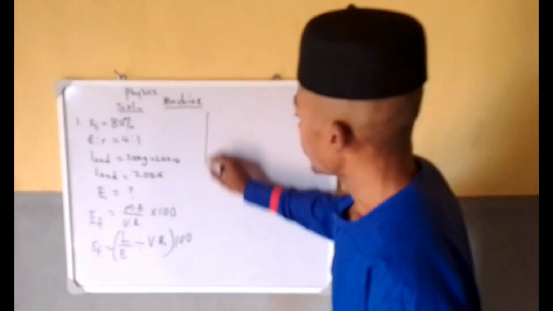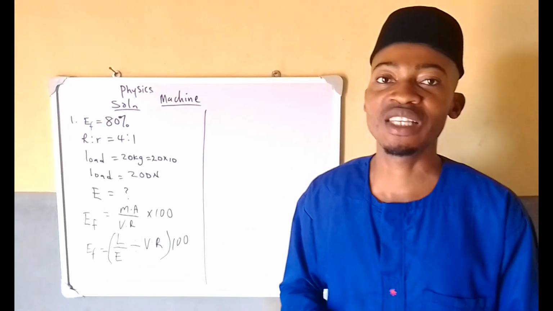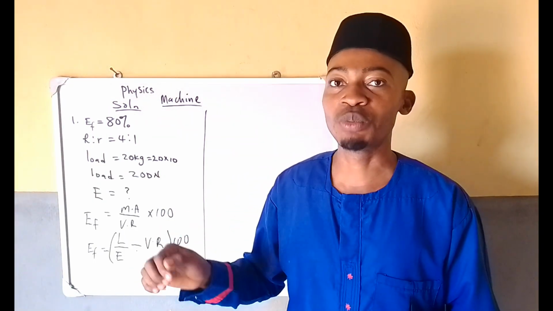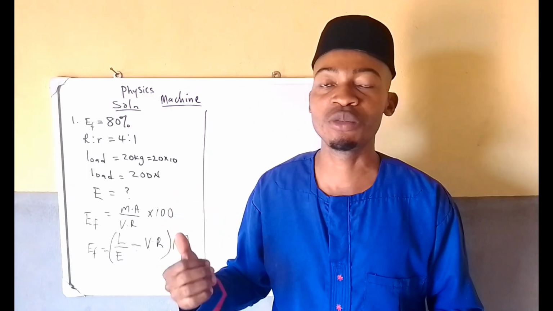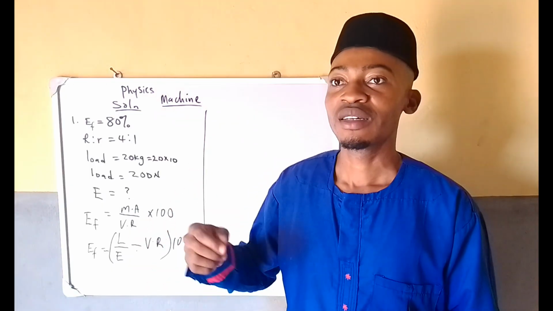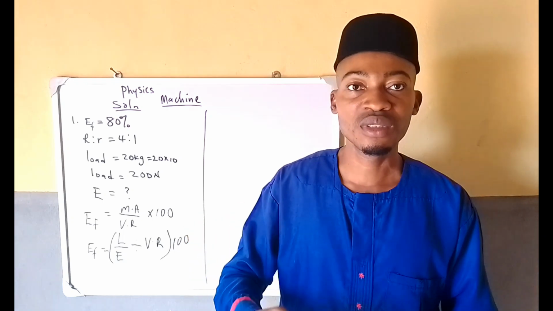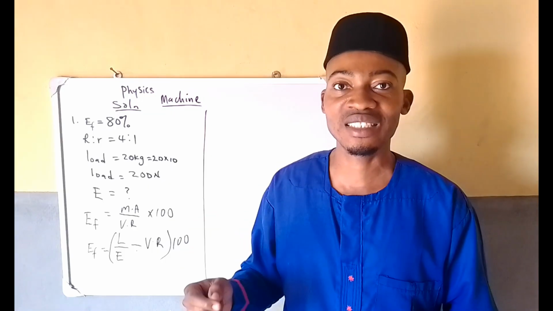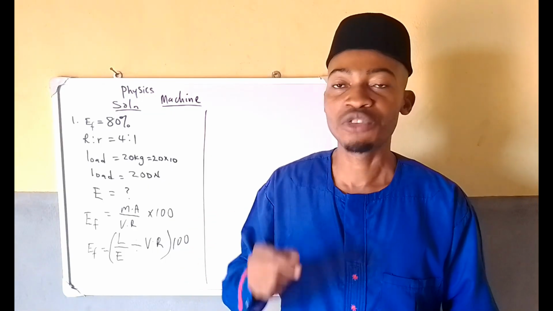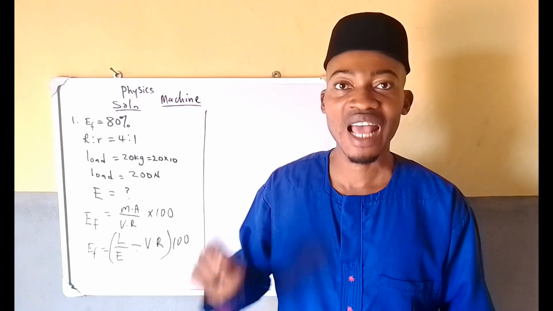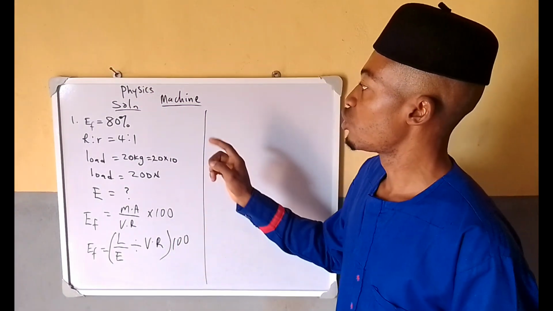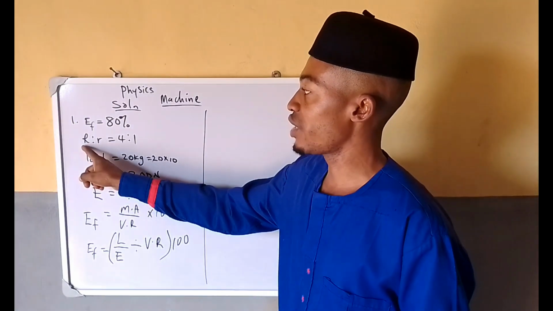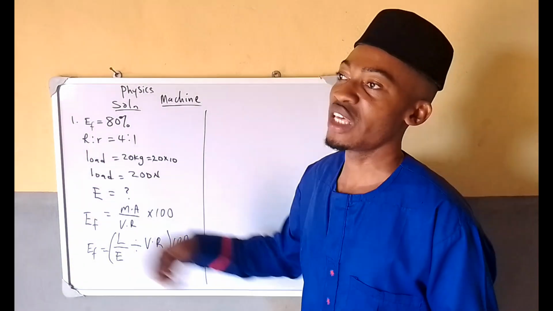Now, what type of machine is this? This machine is one of the machines we discussed earlier in the last video. If you have not watched that video, please go ahead and watch the video because it will help you. So in that video, I said that if you are to find the velocity ratio of wheel and axle, what you do is you take the ratio of the radius of the wheel to the radius of the axle.